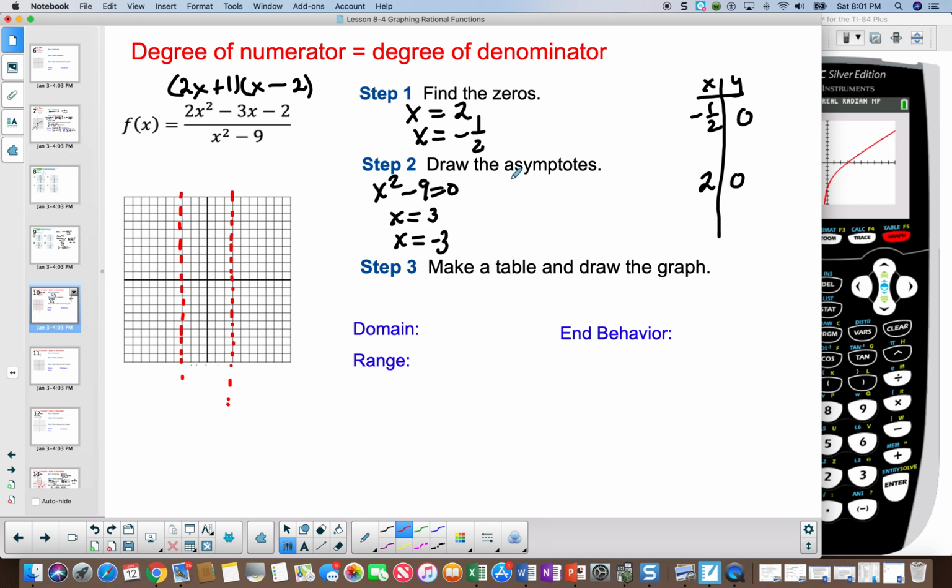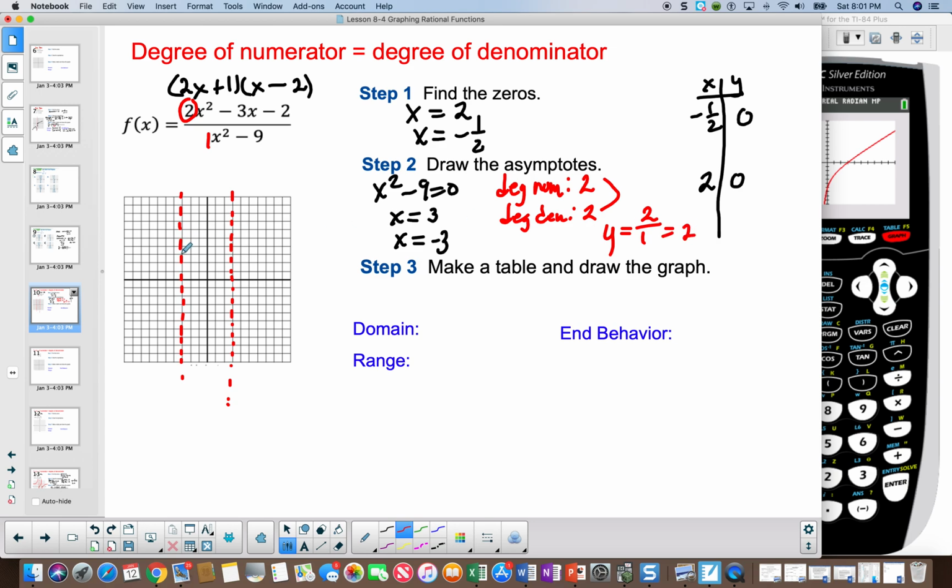Okay, now I want to take a look at the degree of the numerator. And the degree of the numerator is 2. And the degree of the denominator is 2 as well. Now when they're both the same, then we look at the coefficients. So it'll be y equals, and the coefficient of the highest power is 2, and the coefficient of the highest power here is 1.